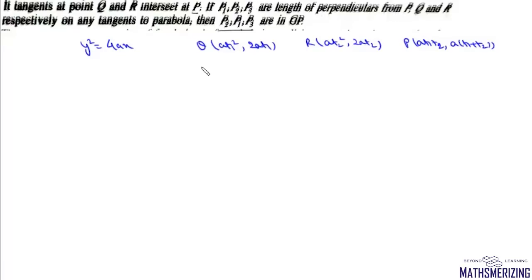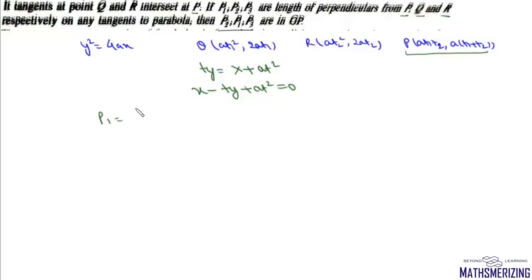So the equation of any general tangent is ty equals x plus at square. We can write this equation as x minus ty plus at square equals 0. Now we need to find the length of perpendiculars from P, Q and R. First we'll find the length of the perpendicular from P, and it is P1.